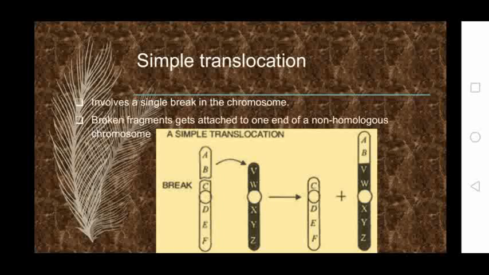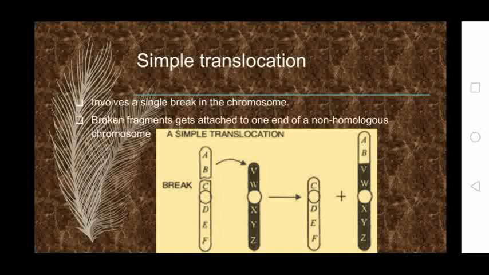After the gene B you can see a single break, and that broken fragment gets attached to the other end of a non-homologous chromosome. The black colored chromosome is non-homologous because it carries dissimilar genes V, W, X, Y, Z, and the white chromosome represents A, B, C, D, E, F genes. So they are non-homologous chromosomes.